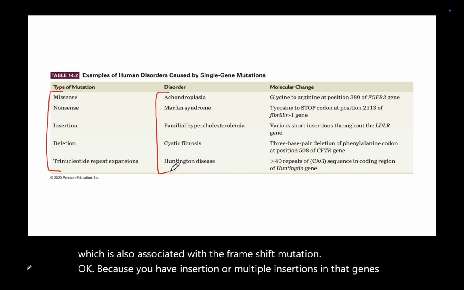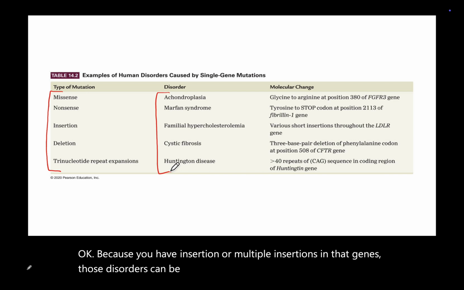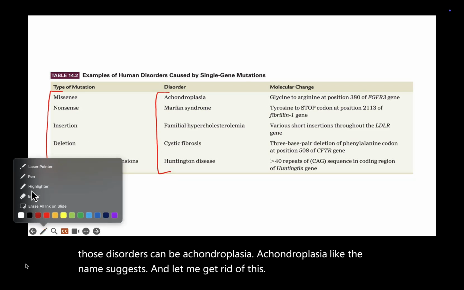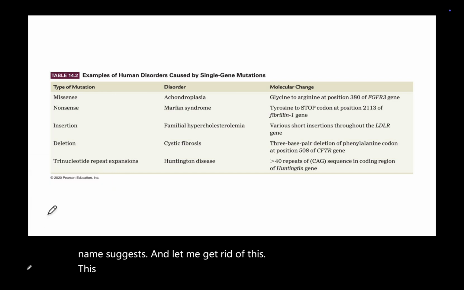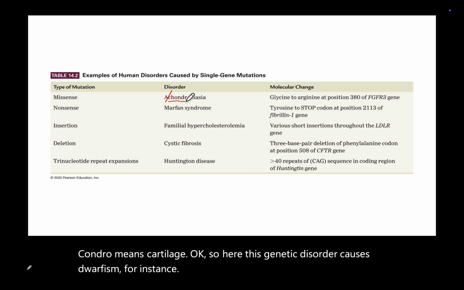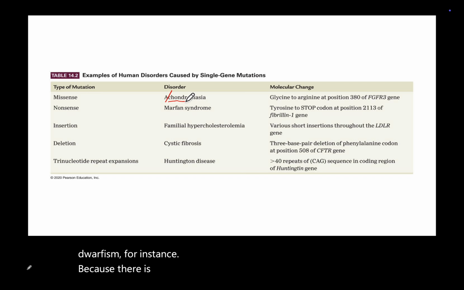Those disorders can be achondroplasia. Achondroplasia, like the name suggests, A means lack. Chondro means cartilage. Okay? So here, this genetic disorder causes dwarfism, for instance, because there is impaired bone growth.